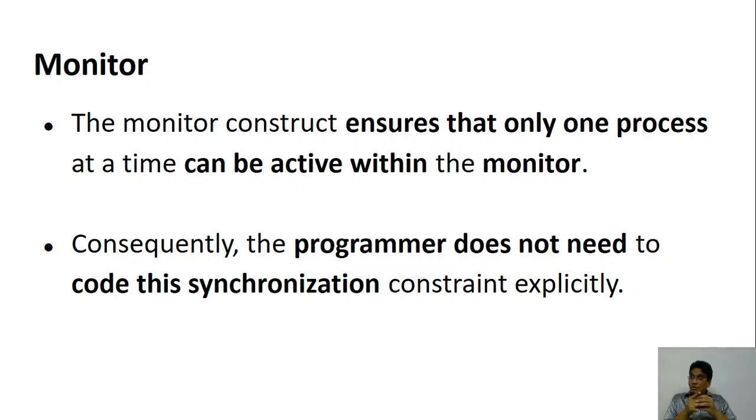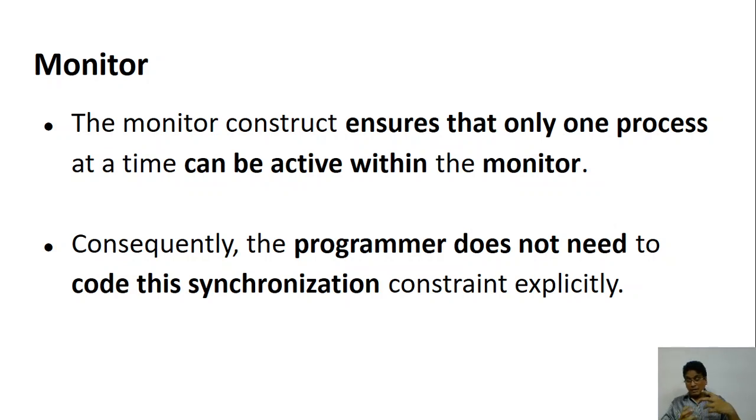How a for loop works, how a while loop works, we don't need to bother about it. We just use the while loop and the for loop. There is some way in which it achieves that, but we don't bother about it. We leave it to the programming language. In the same way, the monitor will ensure that only one of the processes will be active. How it does that, as a programmer, we don't have to bother, because the programming language will take care of it.